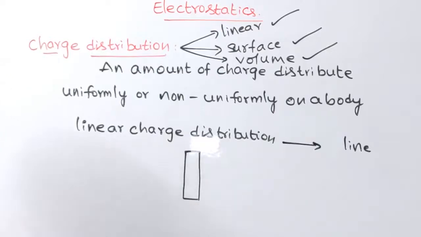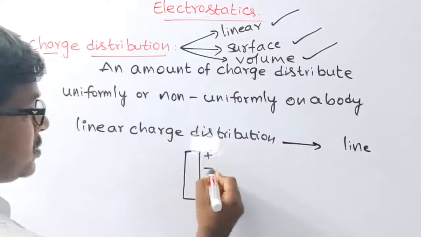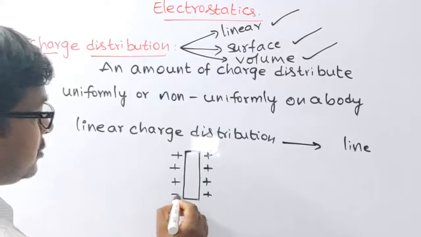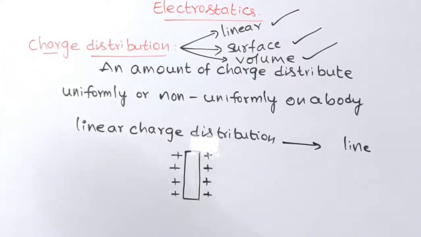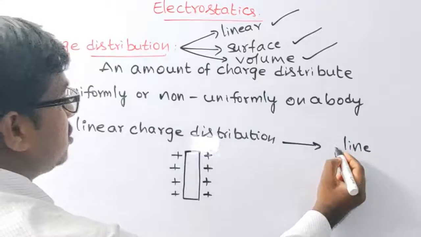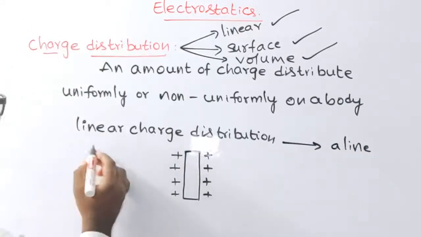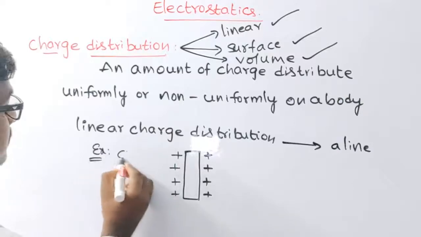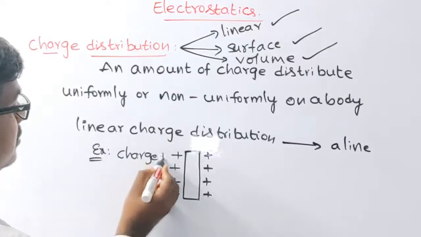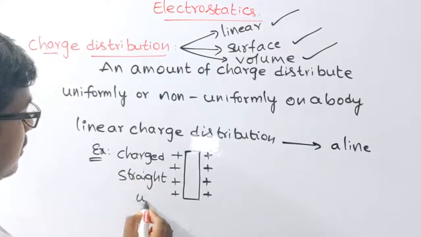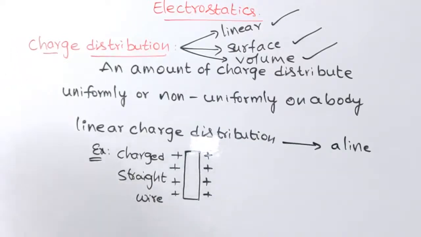In this one, the charges are positive. This is the linear charge distribution: the charge on a line. For example, a charged straight wire, and one more example is a circular charged ring.